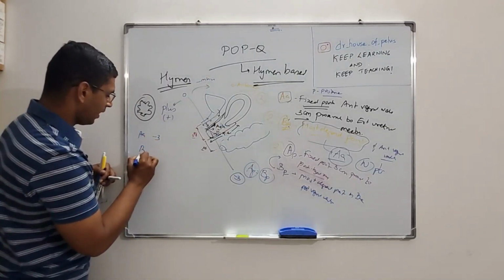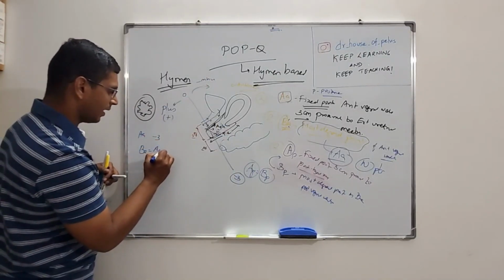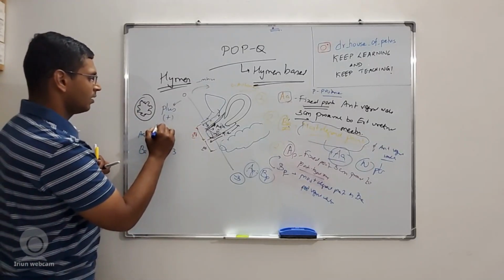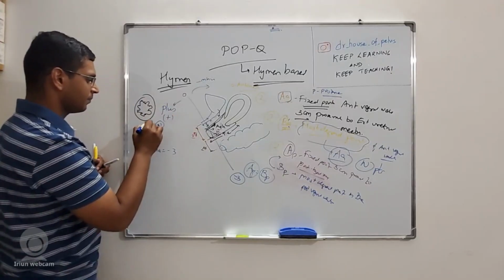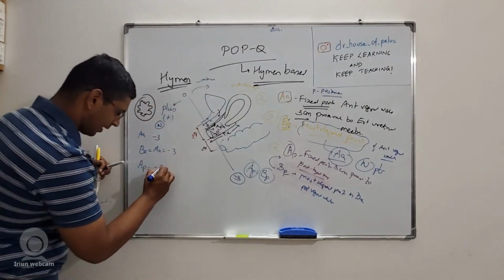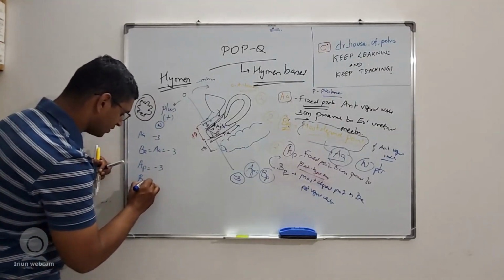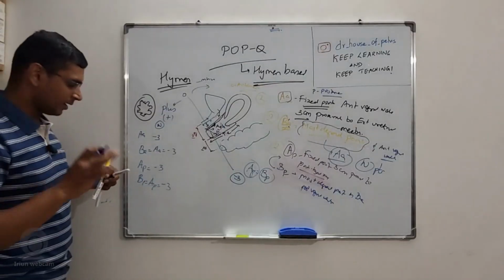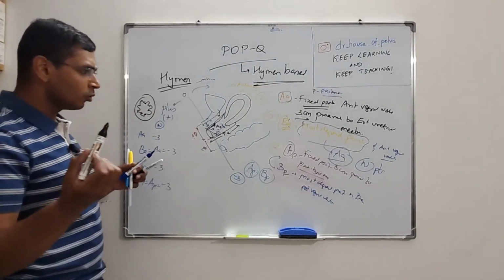Point BA is usually equal to AA and is at -3. This is the normal length which I am telling. The point AP will be at -3. The point BP, which will be usually equal to AP, will be at -3. Right? Now we have two more points.